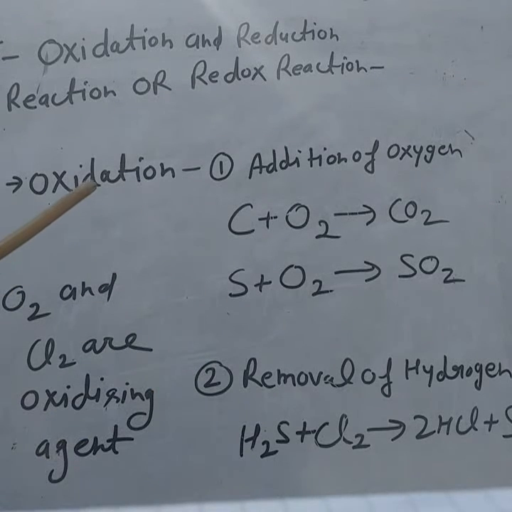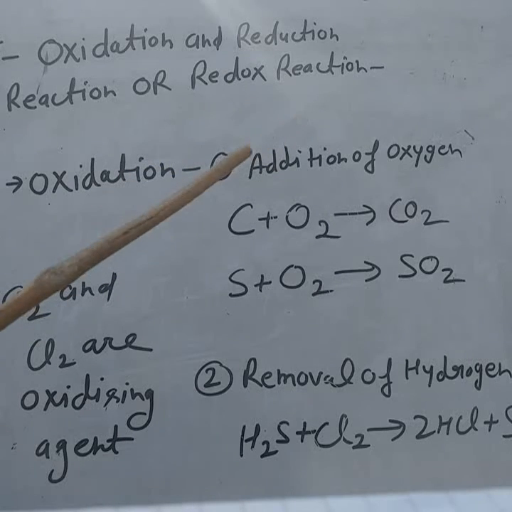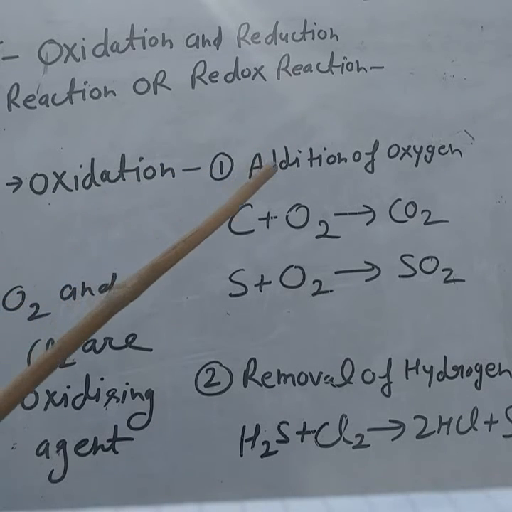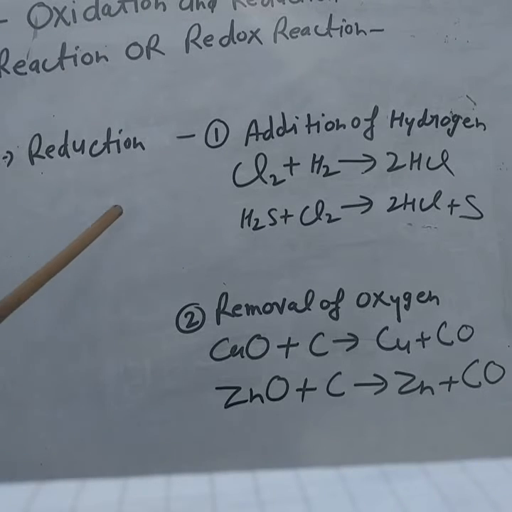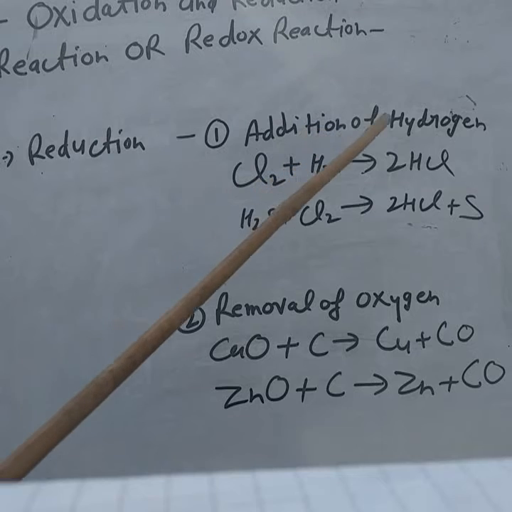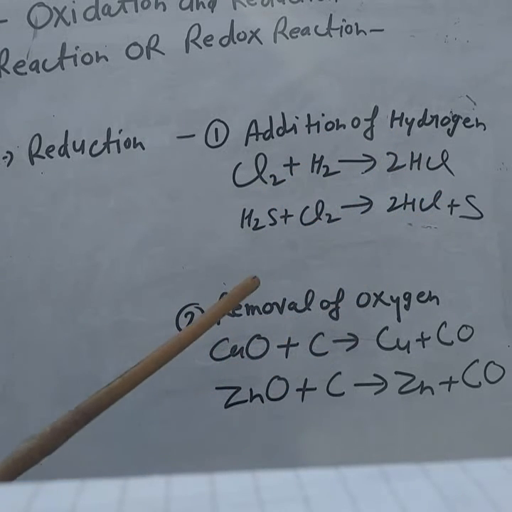So the first process of the redox reaction is complete: addition of oxygen and removal of hydrogen. The next process is reduction. In reduction, there is addition of hydrogen and removal of oxygen.